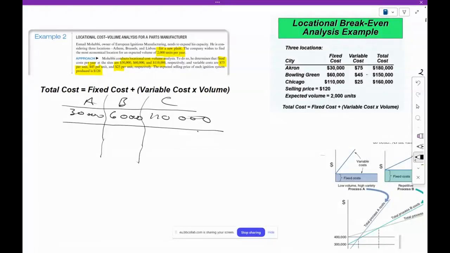Straight done. It's a mission impossible. All right, and then the variable cost goes like this: 75, 45, 25. The volume is 2,000.